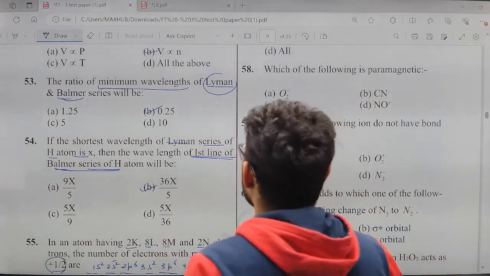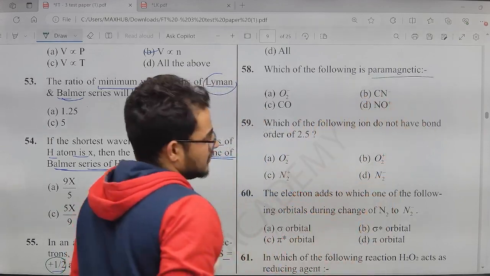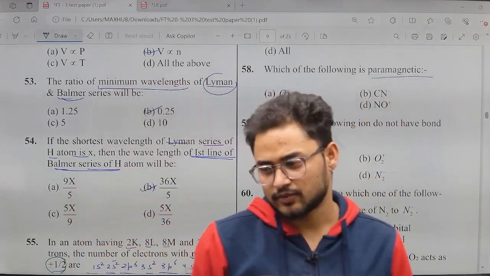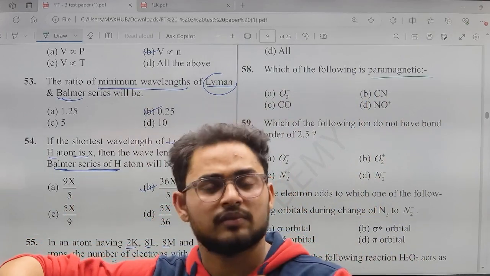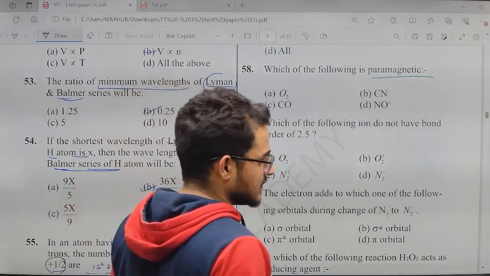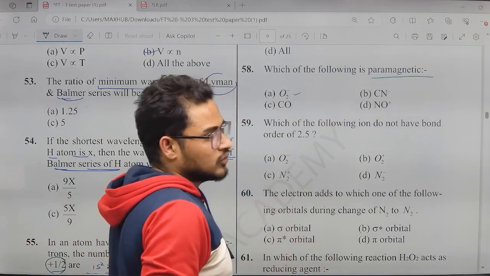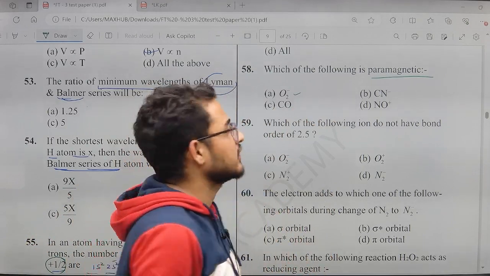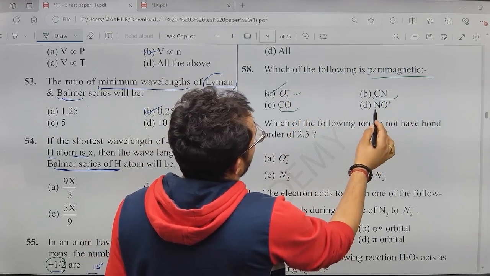Which of the following is paramagnetic in nature? If you have any such type of question, first, if any molecule has an odd number of electrons, it will definitely be paramagnetic. Let's see if there is any molecule or species having an odd number of electrons. O2 minus. O2 has 16 electrons, 16 plus 1, 17. It will be paramagnetic. 14, 14 and 14.